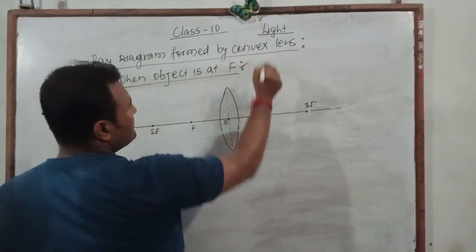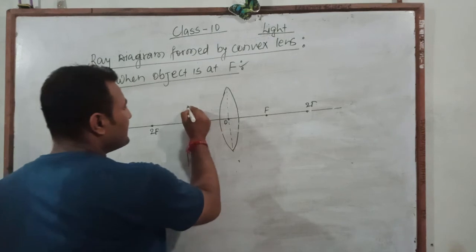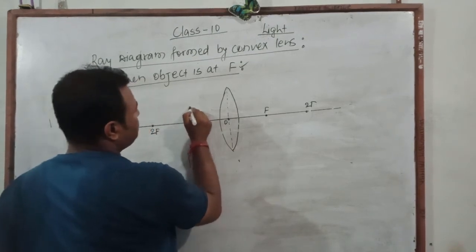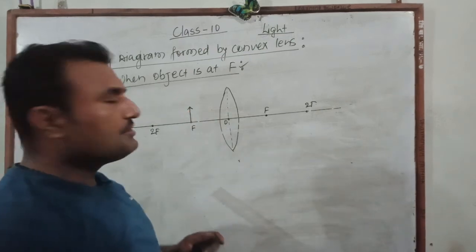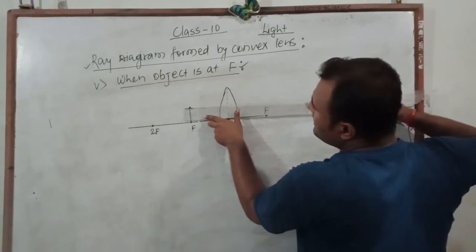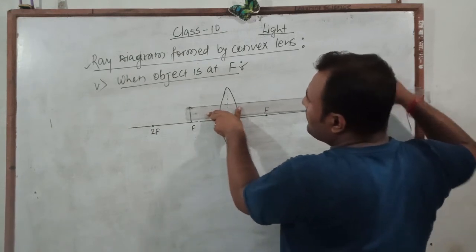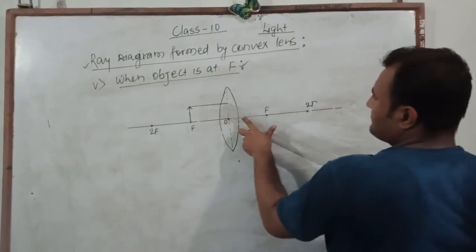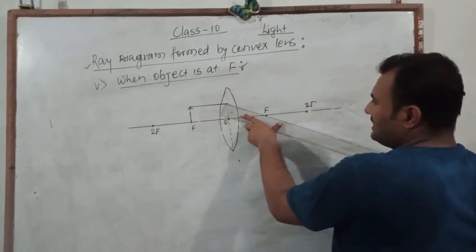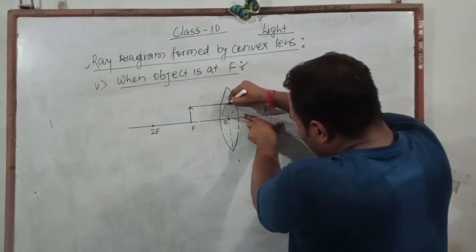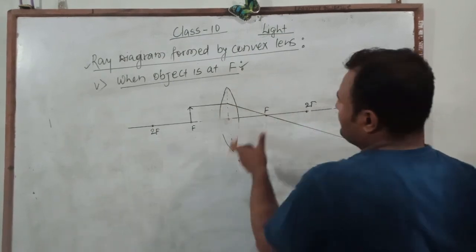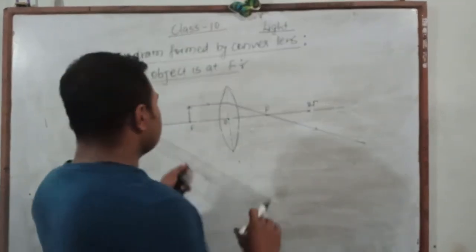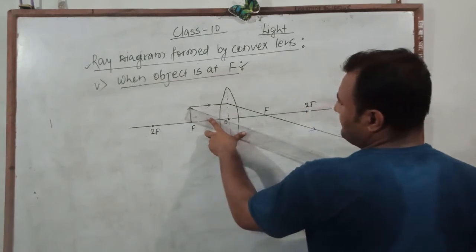According to the condition, the object is at F, therefore we place the object here at F. And here we draw one ray of light parallel to the principal axis, which passes through the principal focus. According to the rule, this ray of light bends through F. Another ray of light we take passes through the optical center.